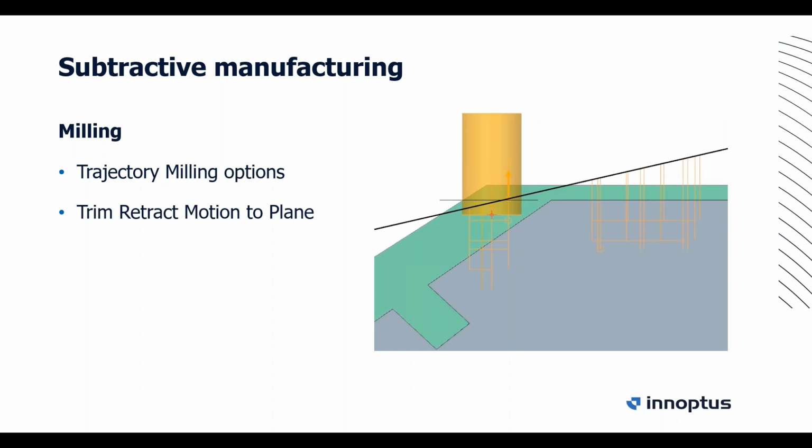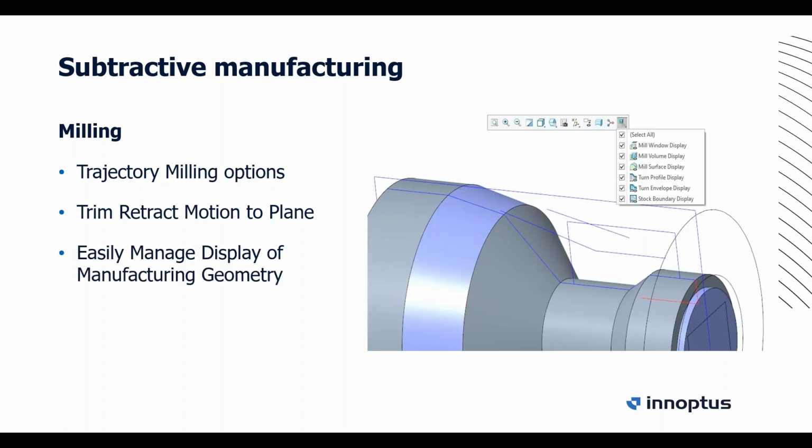There's also a functionality for a motion plane where you want to retract to. You see the track that my mill will follow in the yellow lines. I can just set a datum plane that he has to retract back to, and that's my limit that you have to go back to every time.